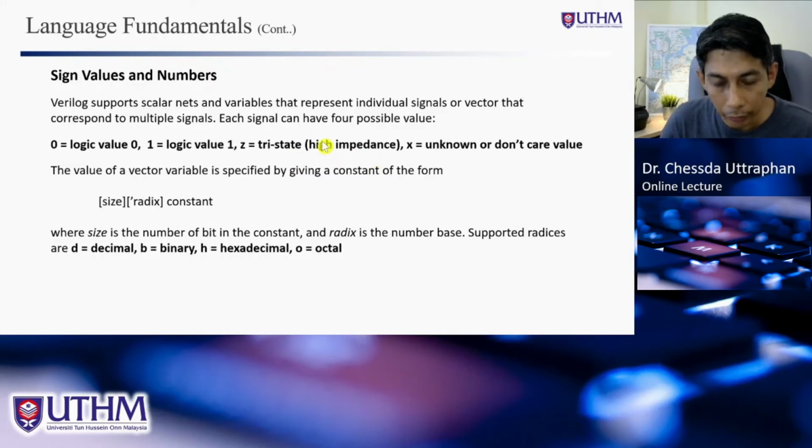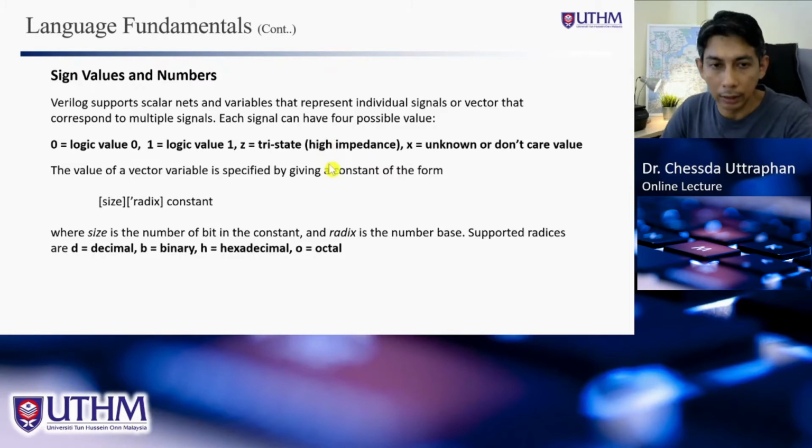If you learned in a circuit analysis course, when your circuit has no connection at all, the potential here will be in high impedance, right? So the label is Z, and X is unknown or don't care. So if we have an unknown value or don't care, we use X in our program.